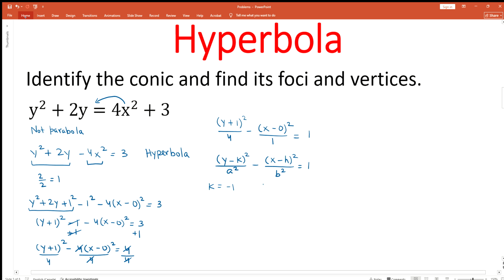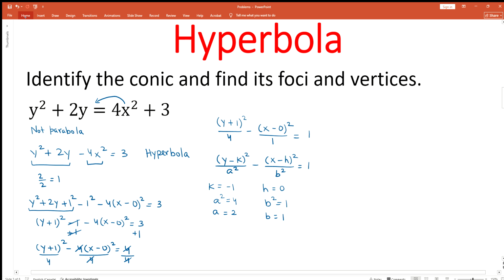The h value is equal to 0, a square is equal to 4, so the value of a is equal to 2. We get it by applying square root to both sides, and b square is equal to 1, therefore b is equal to 1. Now we can use all of this information to find the foci and vertices of this hyperbola.